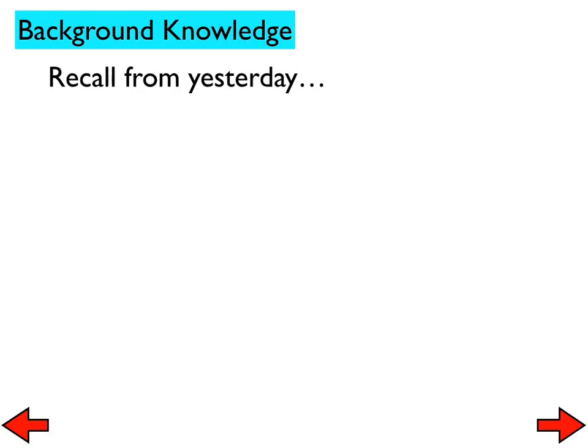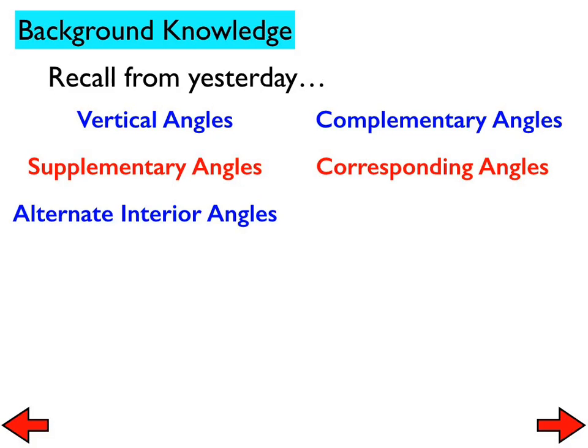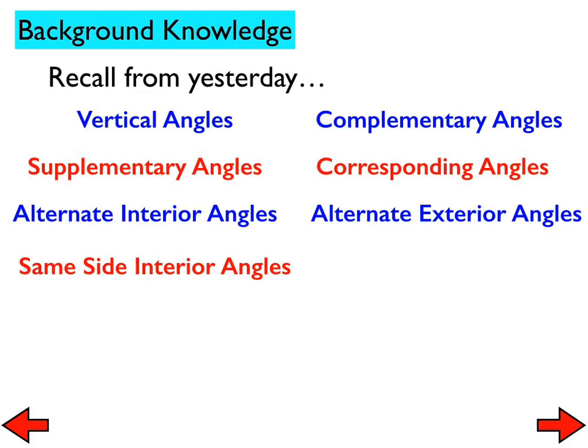Some background knowledge here, and this says recall from yesterday, but it's actually last week sometime. All of these things, vertical angles, complementary angles, supplementary angles, corresponding angles, alternate interior, alternate exterior, same side interior, these are all things that we talked about in 11C. Some of them we reviewed from 7th grade, and some of them were brand new ideas.